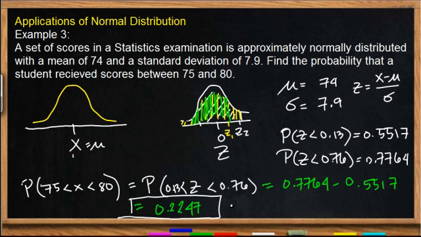Then that is the answer. This is the probability that x is in between 75 and 80. Even with an equal sign, the meaning is still the same, since less than and less than or equal have no difference.